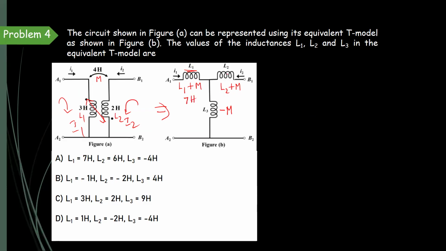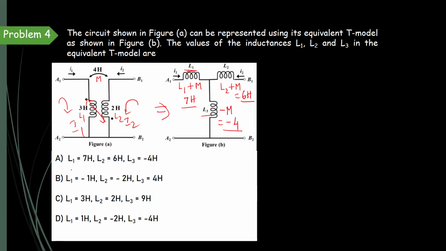L2 is 2 Henry, so 2 plus 4 is 6 Henry. The middle one is minus M, which equals minus 4. So L1 equals 7 Henry, L2 equals 6 Henry, and L3 equals minus 4 Henry.